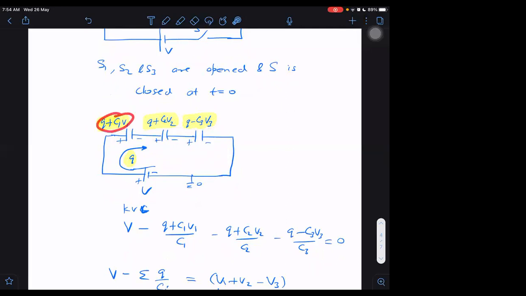What is the final energy stored in the capacitor then? The final energy stored in the capacitor will obviously be half of (Q plus C1 V1) whole square by C1.